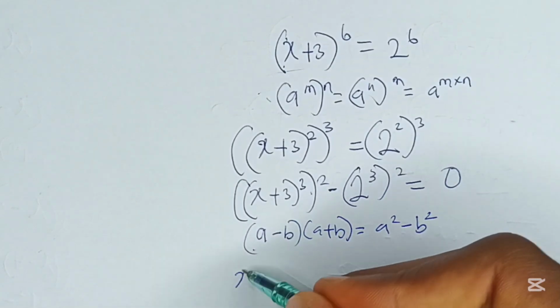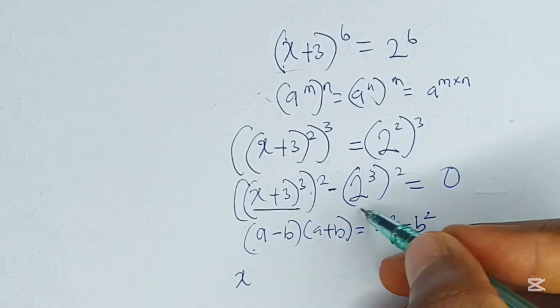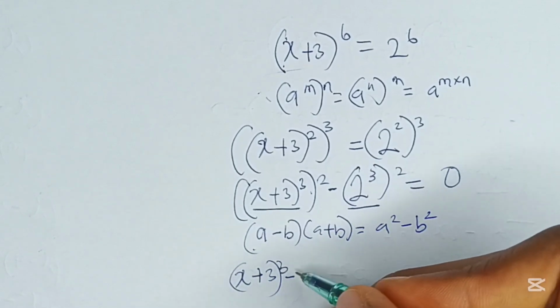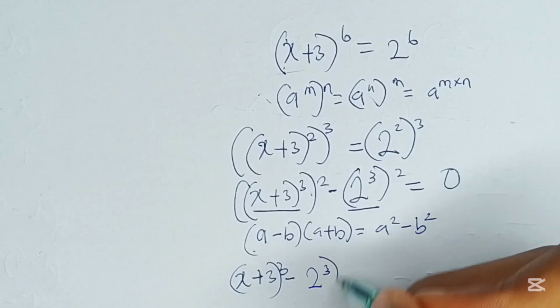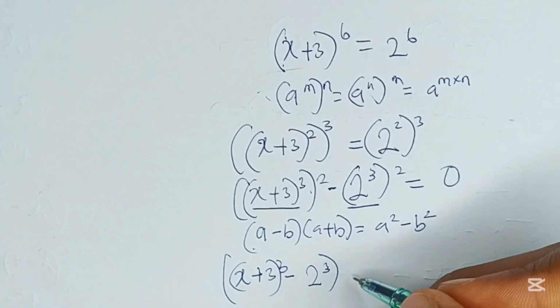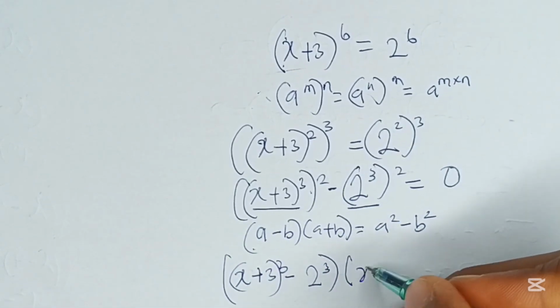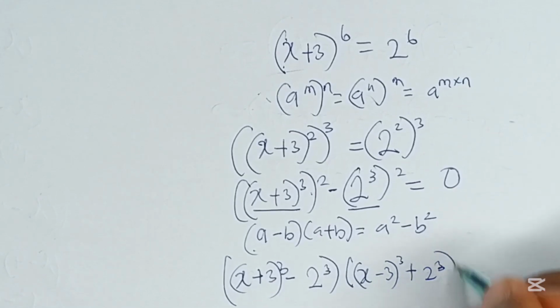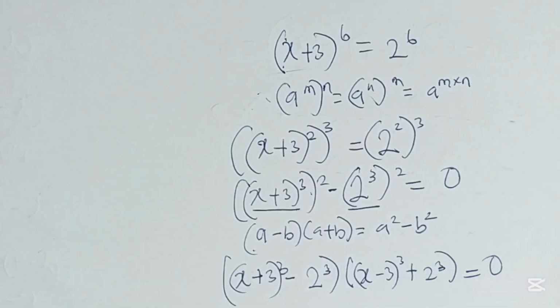So this will now become equal to, this is a and this is b, (x + 3)^3 minus 2^3, all multiplied by (x + 3)^3 plus 2^3. This is equal to 0.